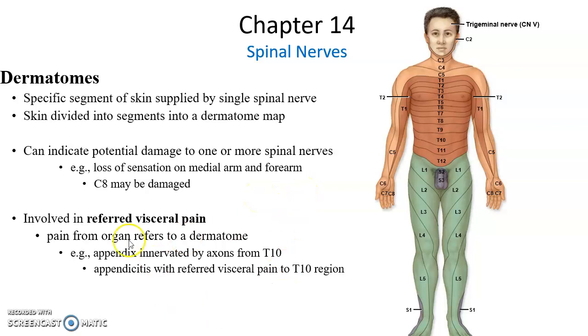Now, it turns out also there's this thing called referred pain, referred visceral pain. When our internal organs experience pain or discomfort, we often feel it on the surface in the skin. And it's not always just where the organ is, it can be quite far from where an organ is.